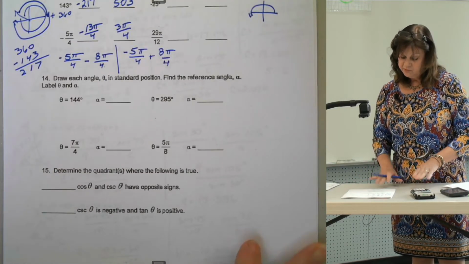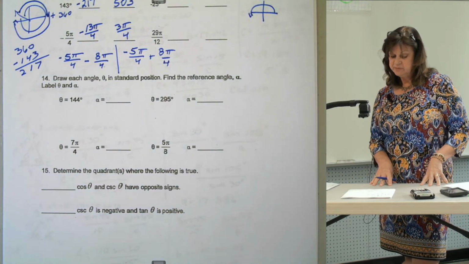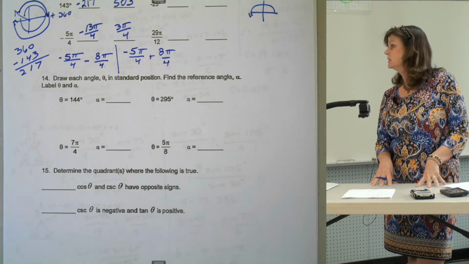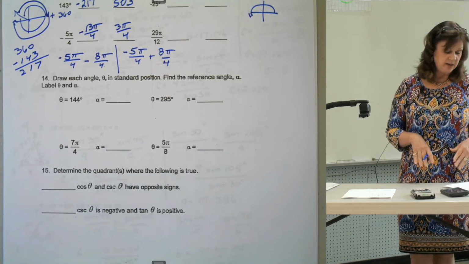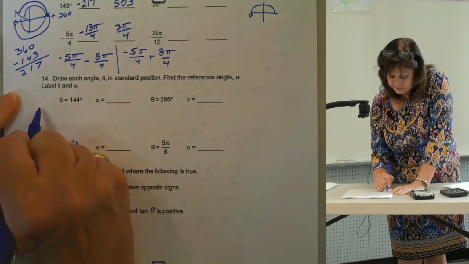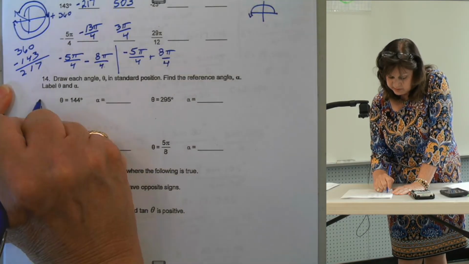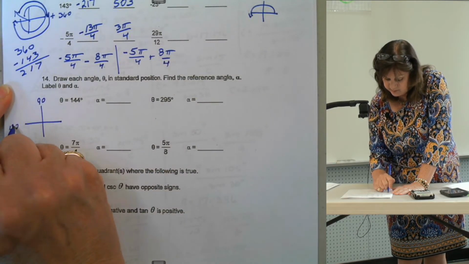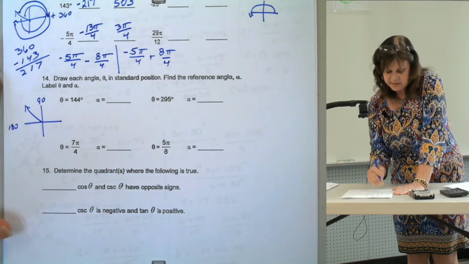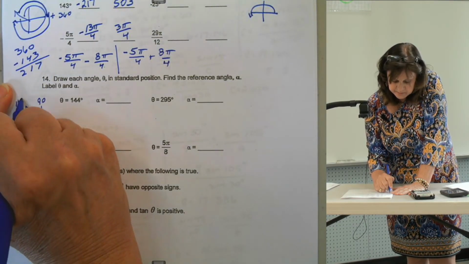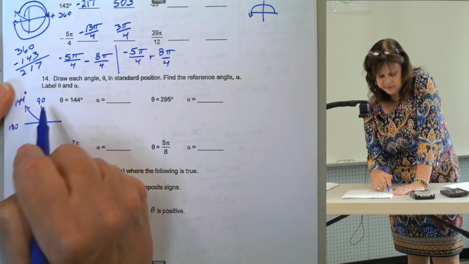All right, draw each angle in standard position, find the reference angle and label it. And basically we're just saying, okay, if you're at 144 degrees, well, clearly here's 90, here's 180, I'm right in here. How far away am I from 90 degrees?